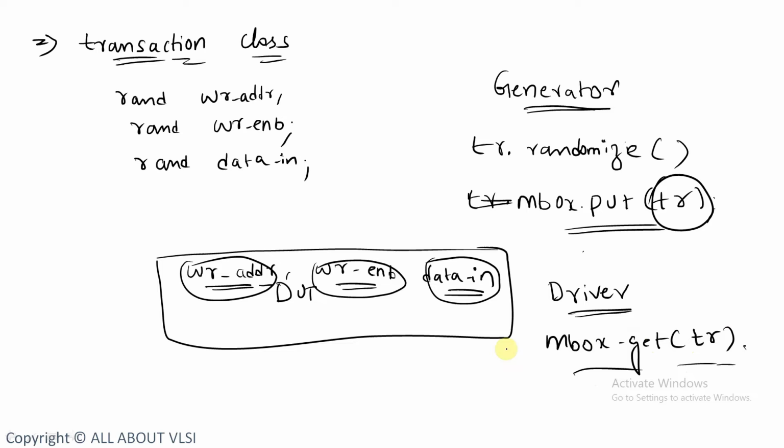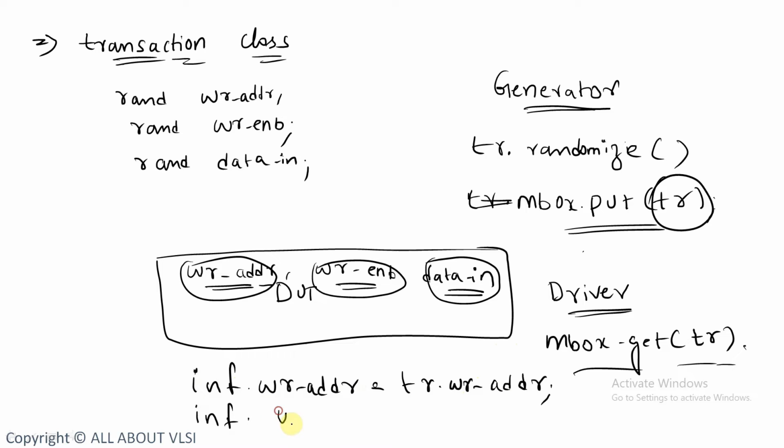After getting that, we were using the interface instance: inf.write_address equals tr.write_address, and inf.write_enable equals tr.write_enable. So basically we are passing the properties from the transaction class to the interface.